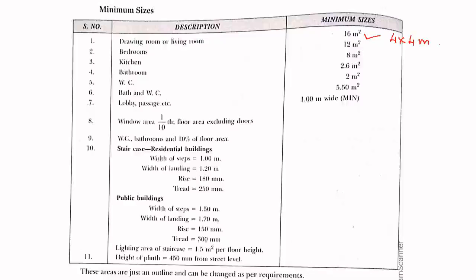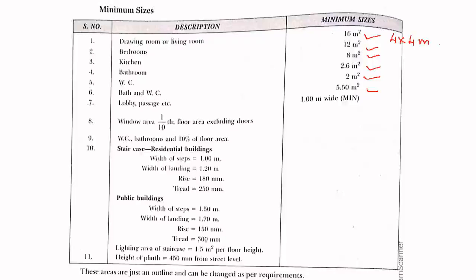Bedrooms, minimum 12 square meters. Kitchen, minimum 8 square meters. Bathrooms, minimum 2.6 square meters. Water closet, if separate from the bathroom, is 2 square meters. If the bath and water closet are attached, then it should be 5.5 square meters.